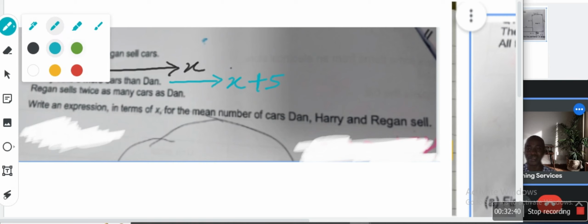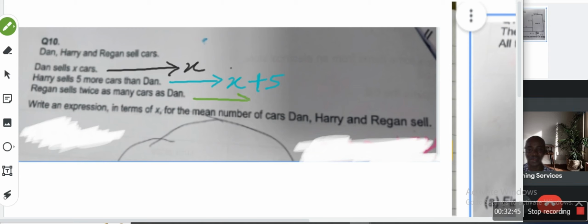What about Regan's? Regan sells twice as many as Dan. Twice. What was Dan's sale? Dan sells X. So if Regan sells twice as many as Dan, what would be Regan's number? Regan's would be X times 2. Exactly, X times 2, which gives 2X, isn't it? 2X.